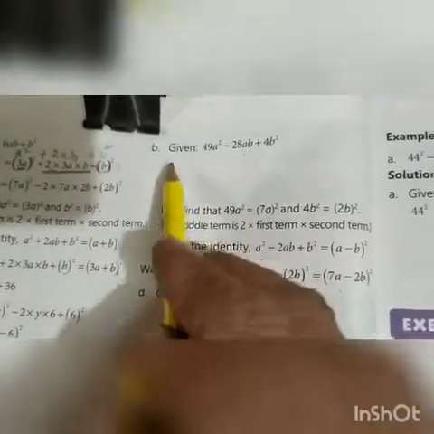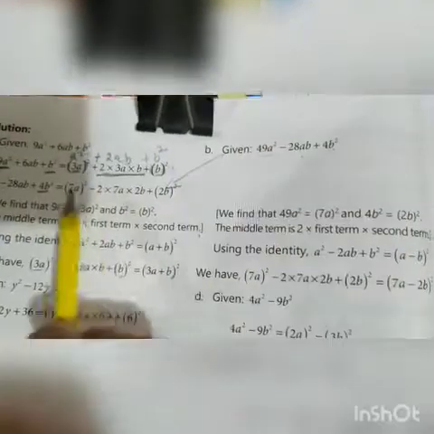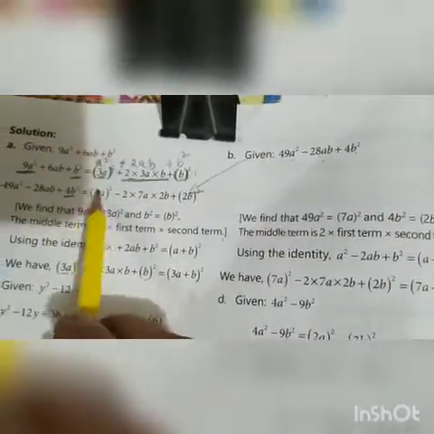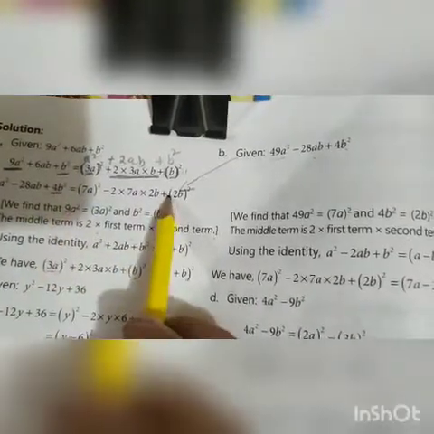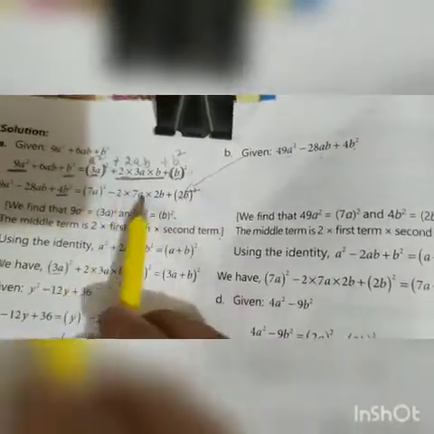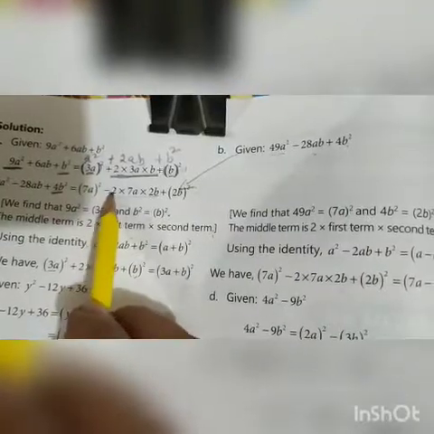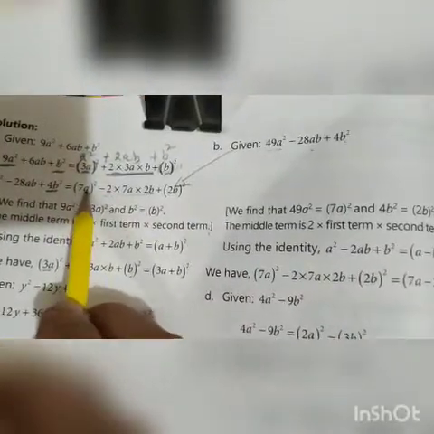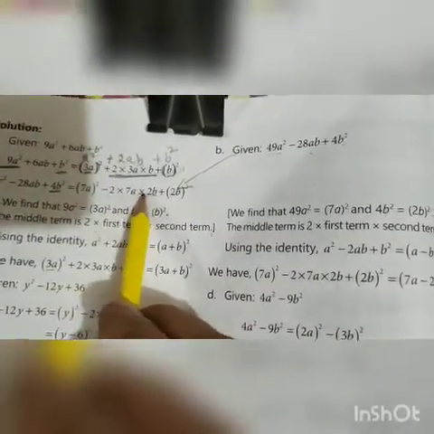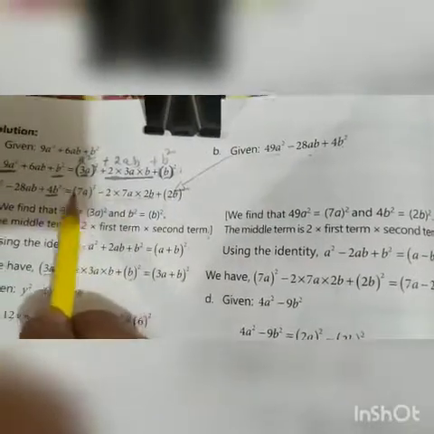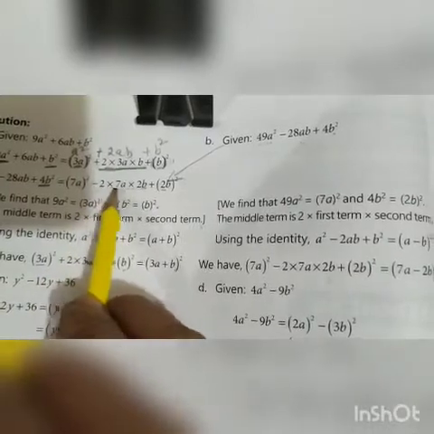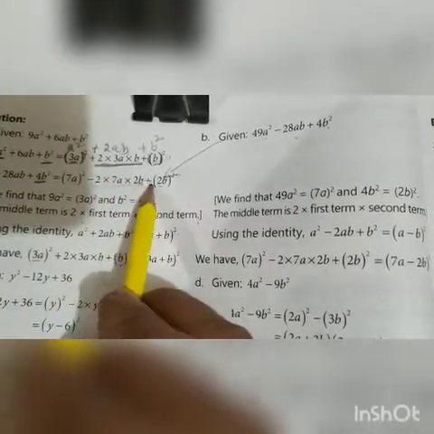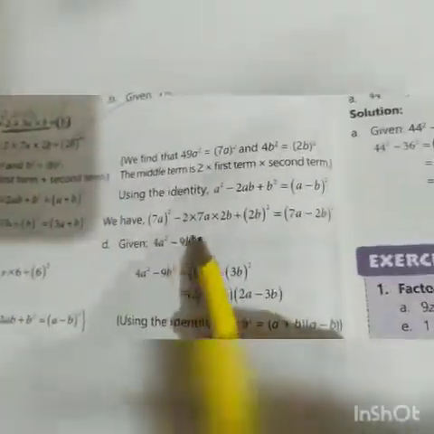See, first term, 49a square, is the whole square of 7a, and this second term is the square of 2b, and middle term is minus 2 multiplied by first term 7a. So 2 into 7a multiplied by second term 2b. So 7a whole square minus 2 into 7a into 2b plus 2b whole square.